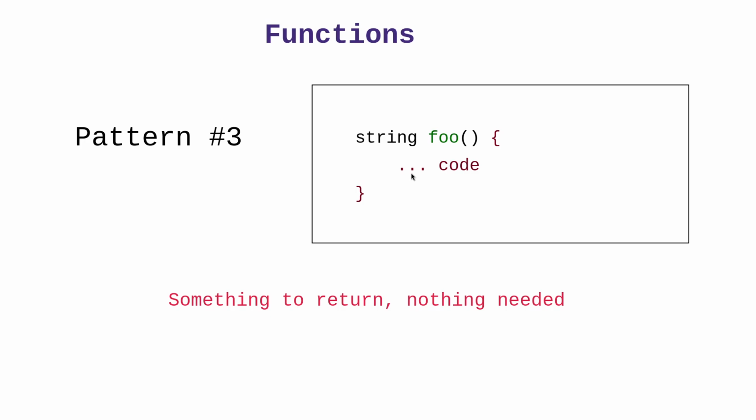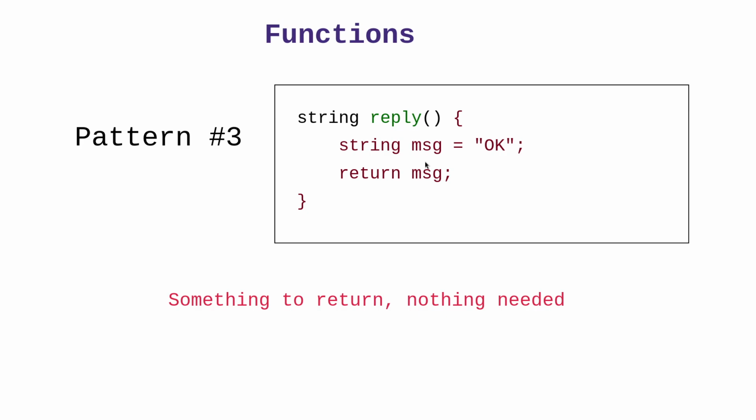Now, how do you call such a function? Reply is an example of this pattern. I create a string called MSG, and then I send back that string.